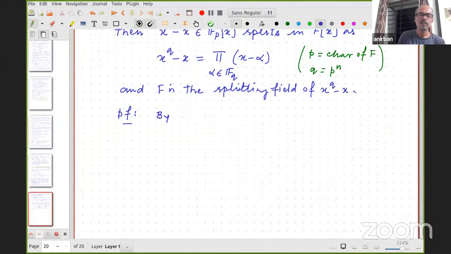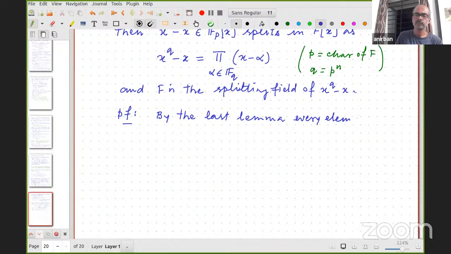So by the last lemma, every element of F satisfies x to the q minus x.